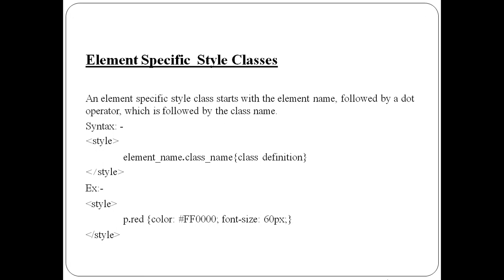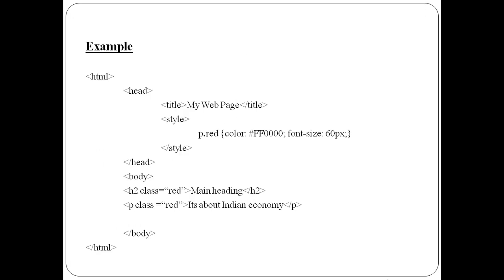As an example, for the paragraph tag we wanted to specify a style. So the class name is red, the tag is paragraph tag. So we are going to specify a particular element, that is paragraph tag. So p dot red, and we specify within the curly braces the definition you want to apply for the class red.